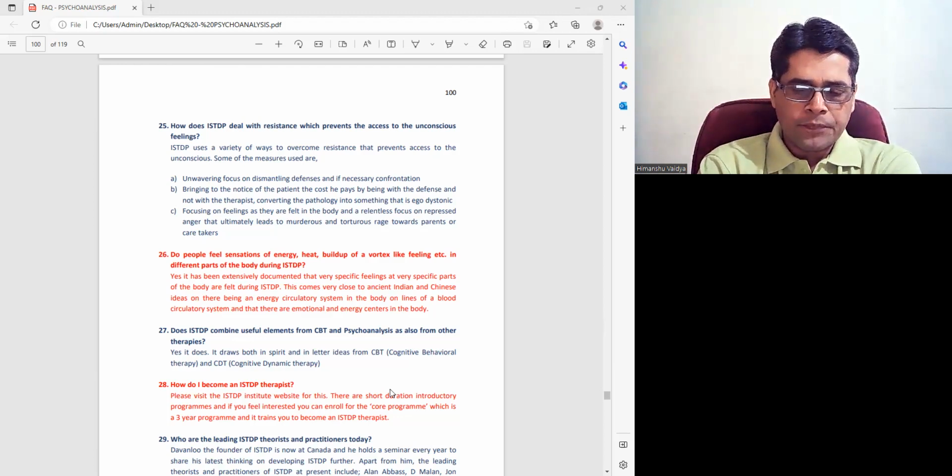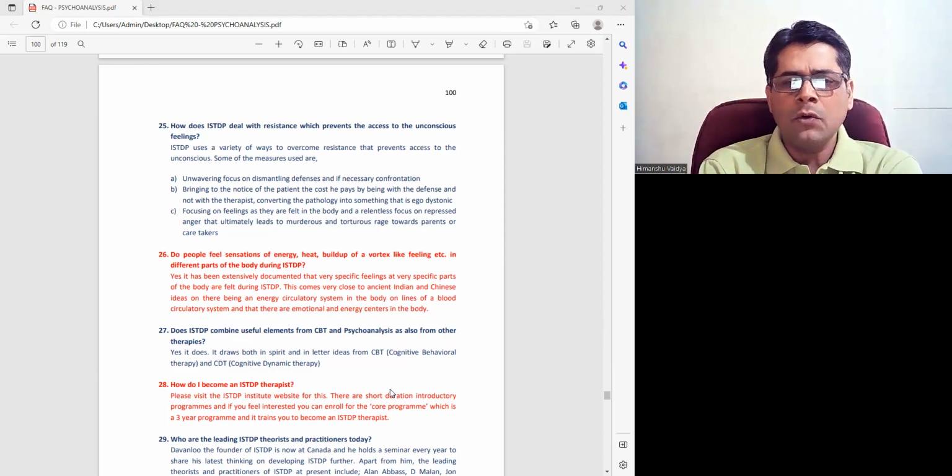ISTDP draws very liberally from CBT, from CDT, from Freud, from Klein, from Kohut, also from acceptance and commitment therapy. It's just that ISTDP practitioners put up this facade of being atheoretical. It's no longer atheoretical.